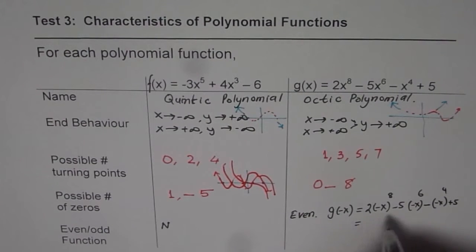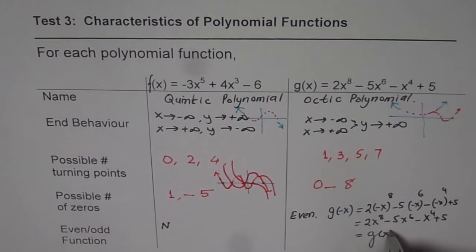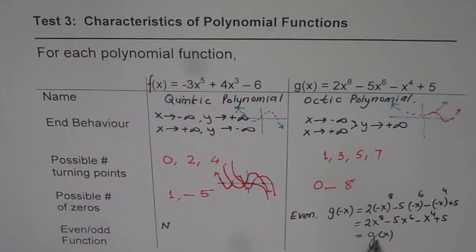Now since all these powers are positive, even, minus x becomes positive. So we get 2x to the power of 8 minus 5x to the power of 6 minus x to the power of 4 plus 5, which is same as g of x. Now since g of minus x is equal to g of x, it is even, correct? So that's how you get it.